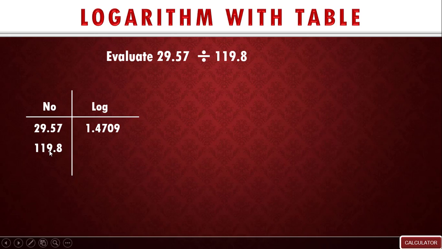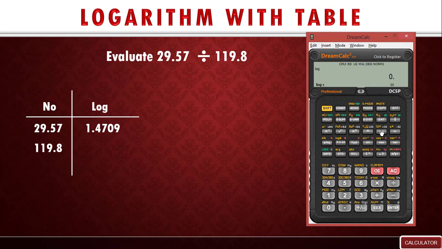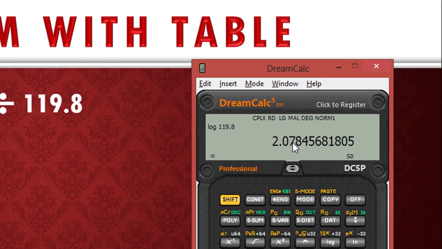So let's determine the log of the second number. Go to our calculator, and then we're looking for the log of 119.8. Press equals or enter. That's going to give us 2.0784, and you can see other numbers, so all we need to do is to approximate the numbers. If we approximate 8 to 7, 8 to 6 is going to give us 7 here.